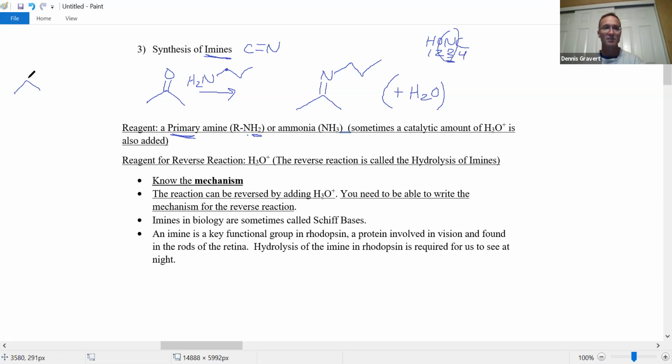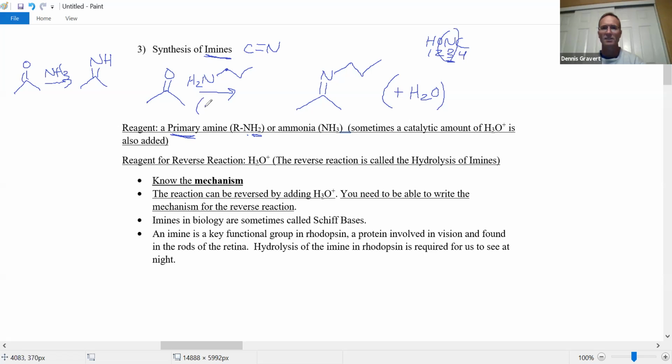So if we start with acetone and use ammonia, you make a double bond N to amine. What's the third bond to nitrogen? A hydrogen. There were 3 hydrogens, you remove 2 of them. That's the pattern. Start with primary amine, there's 2 hydrogens, you remove both of them. Cool, that's the reaction.